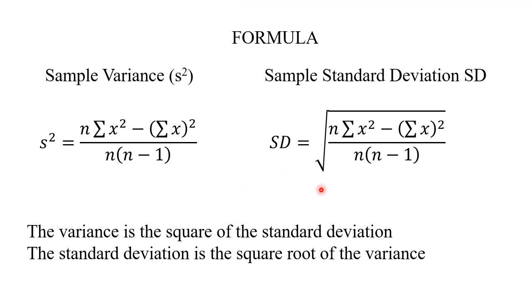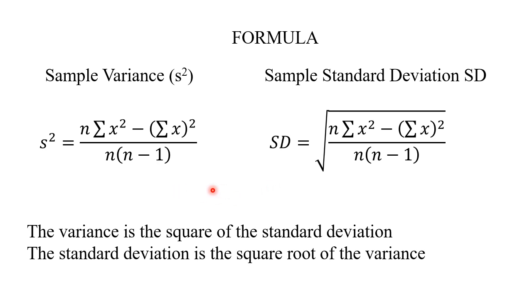So I'm just introducing to you class the formula for the variance and the standard deviation, just to give you an idea, but our purpose here class is not really into solving the standard deviations. The relationship between these two, class, is that the variance is the square of the standard deviation, and the standard deviation is the square root of your variance.